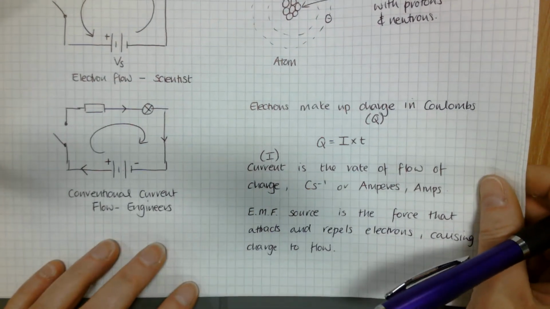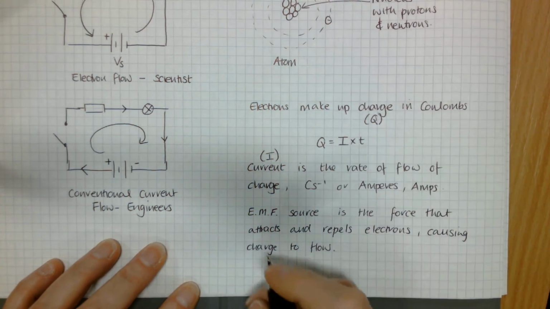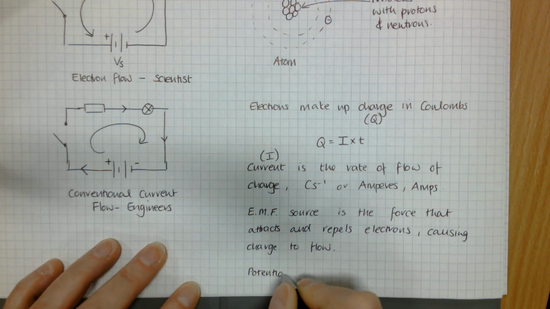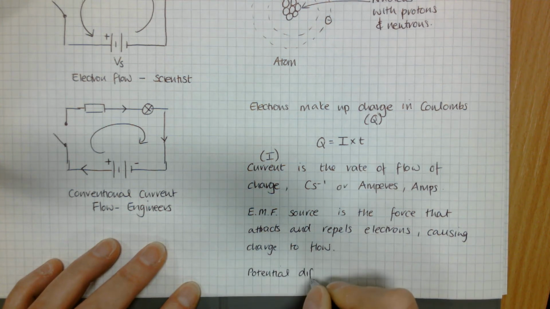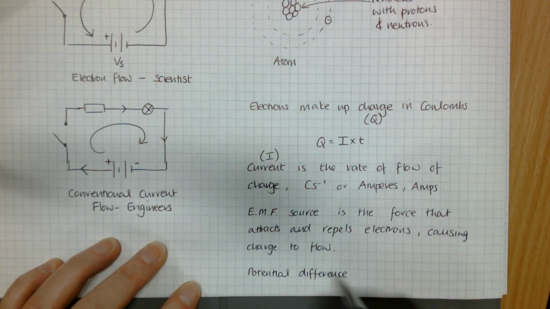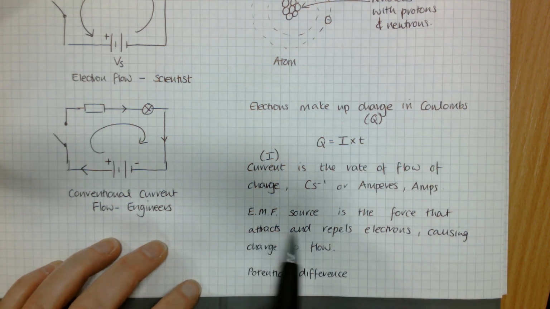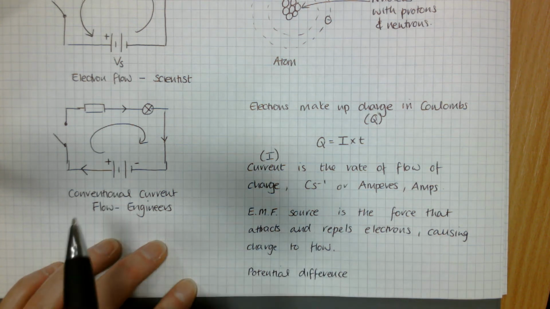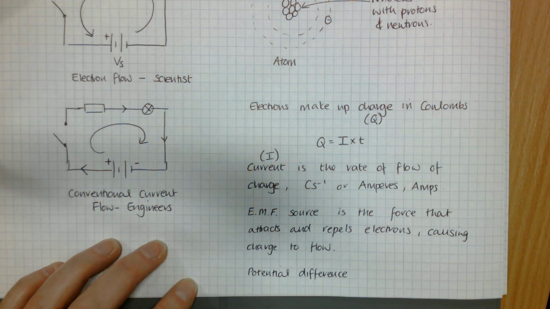But a lot of the time, you don't really talk about that. You talk about voltage or potential difference. So this EMF, when you talk about a voltage like that, you're talking about a supply. When you're talking about a potential difference, you're talking about the voltage across a component in a circuit.